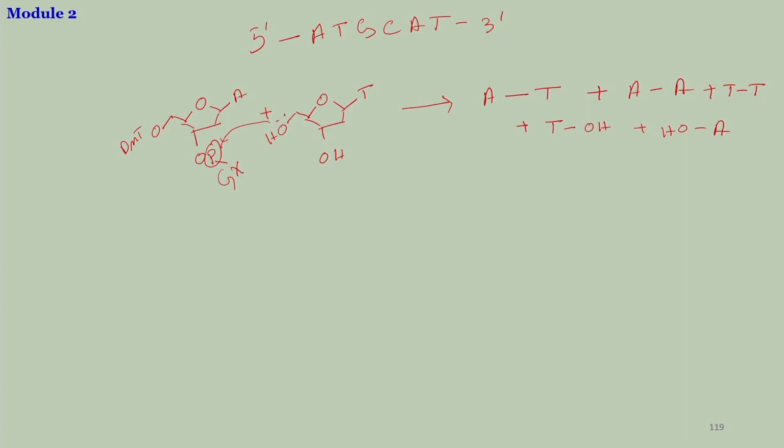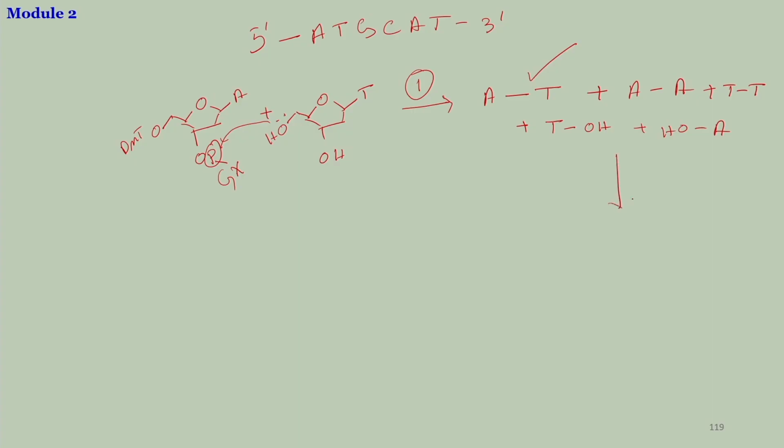So, after the very first step, what do you get? You get 1, 2, 3, 4, 5 components in your solution. Out of this, only this one you desire. If you want to get this in pure form, you have to separate all the others. That is again a difficulty.